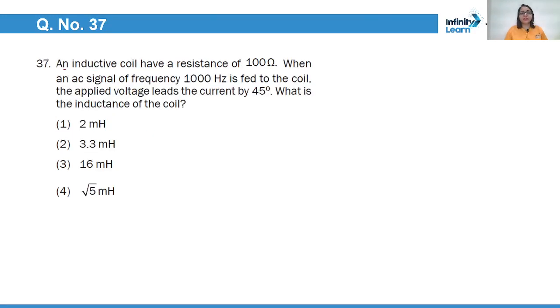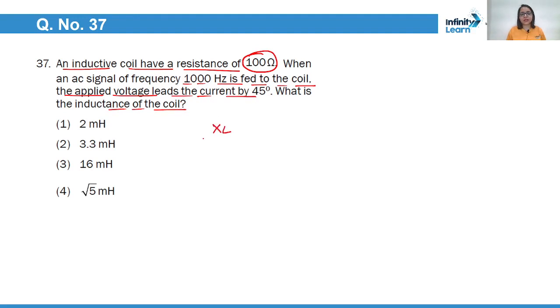Question number 37. An inductive coil has resistance 100 ohm. When an AC signal of frequency 1000 Hz is fed to the coil, the applied voltage leads the current by 45 degree. What is the inductance of the coil? So the applied voltage leads the current by 45 degree, and here we have resistance of 100 ohm.